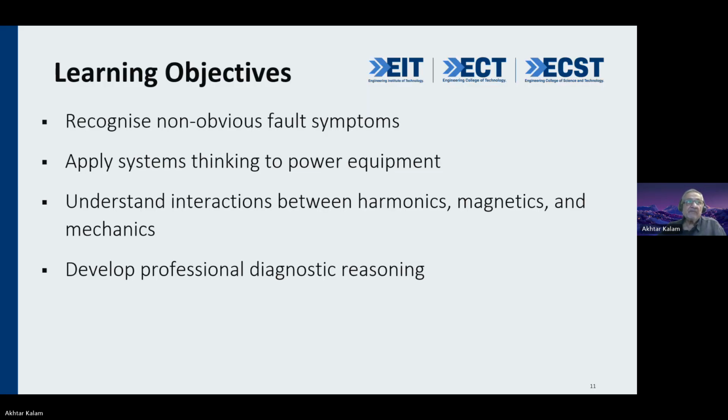So the first thing is, what is my objective? I want to emphasize, I want you to think. I don't want you to worry about calculations, symbols, formulas, equations, nothing of that sort. Just think and enjoy the session.